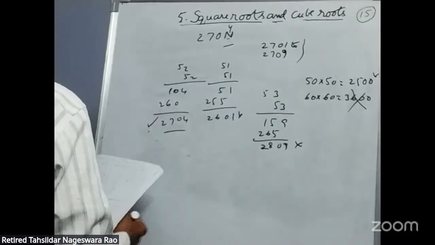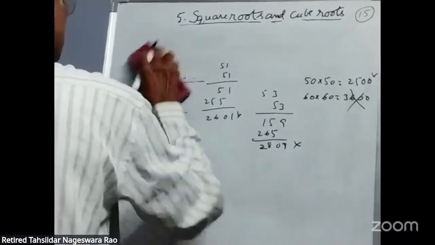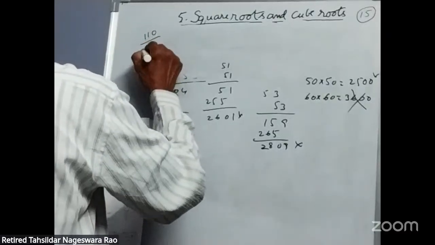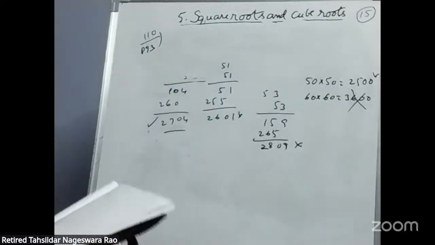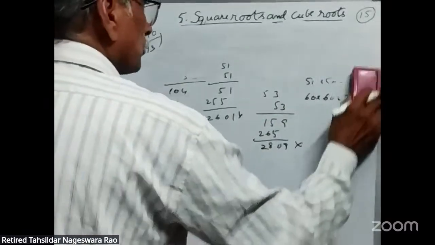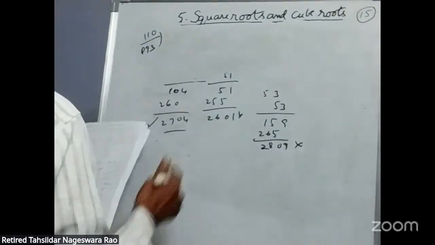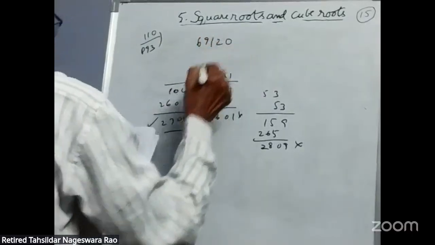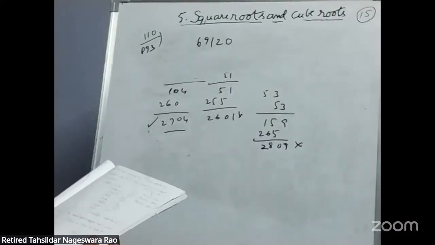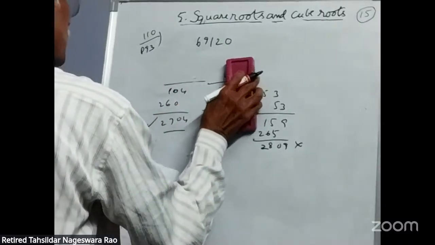Next question is quantum. What is the least number that can be multiplied by 69,120 to make it a perfect cube? 69,120 should be made a perfect cube by multiplying with a small number.